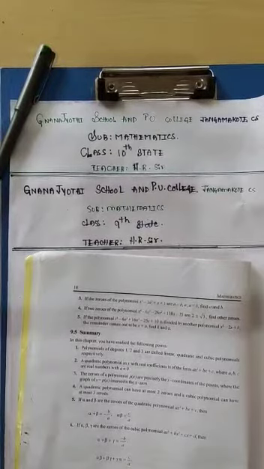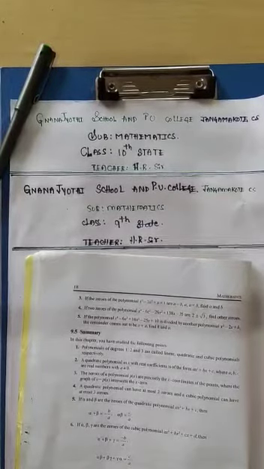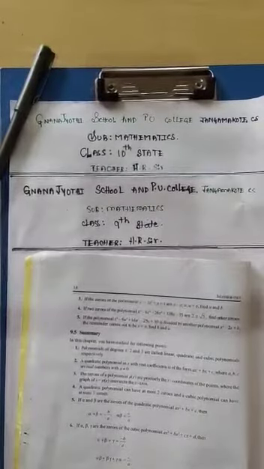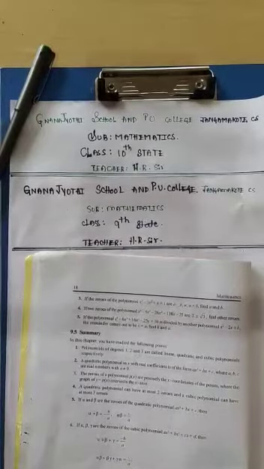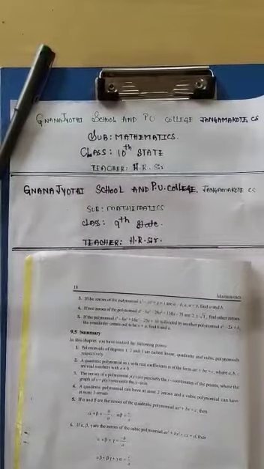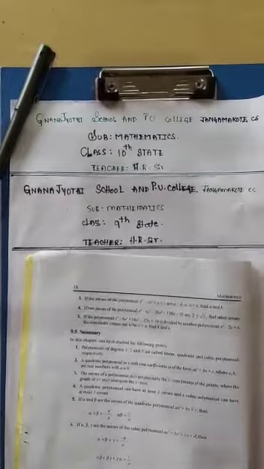A quadratic polynomial is in the form ax² + bx + c, where a is not equal to 0, for all a, b, c belonging to real numbers. A quadratic polynomial can have at most 2 zeros, and a cubic polynomial can have at most 3 zeros.